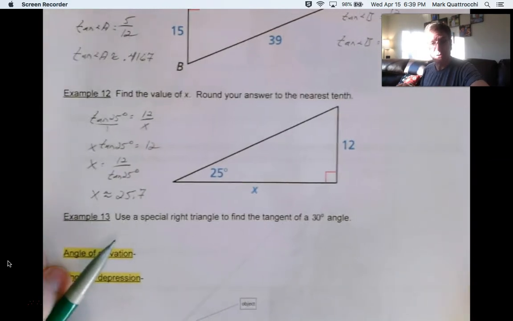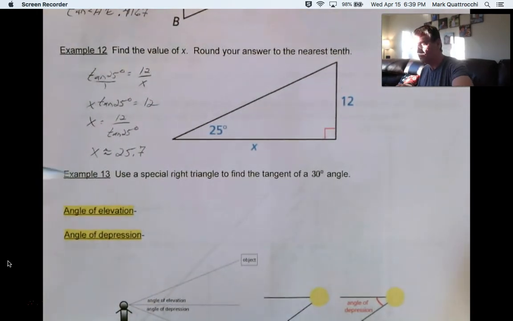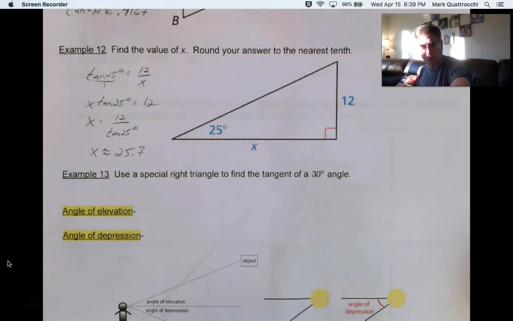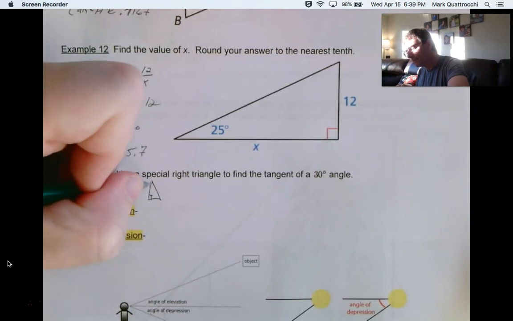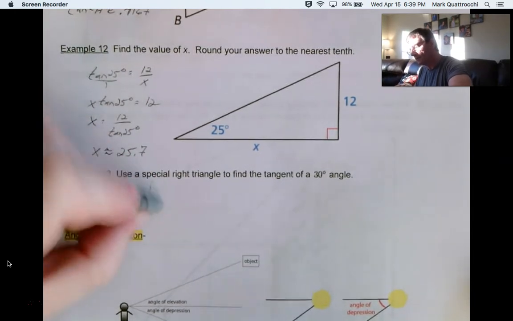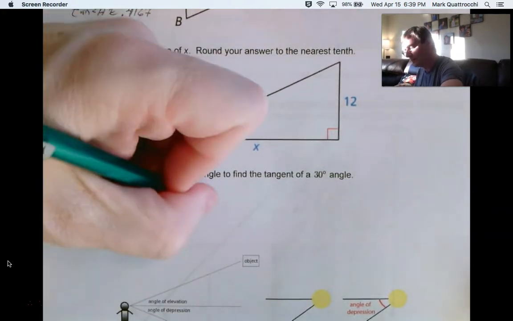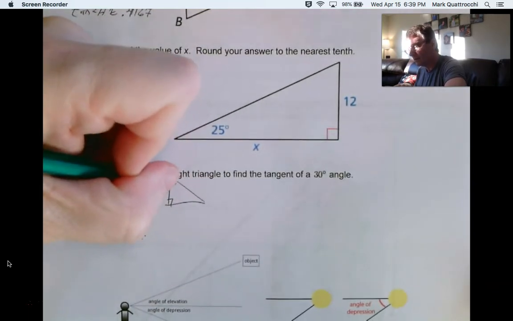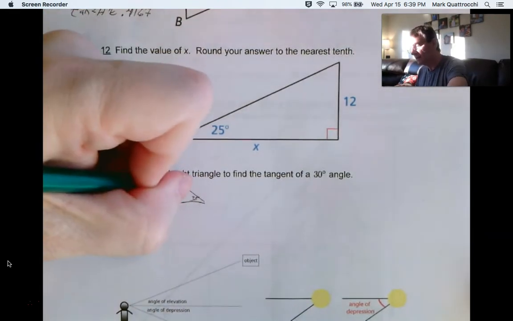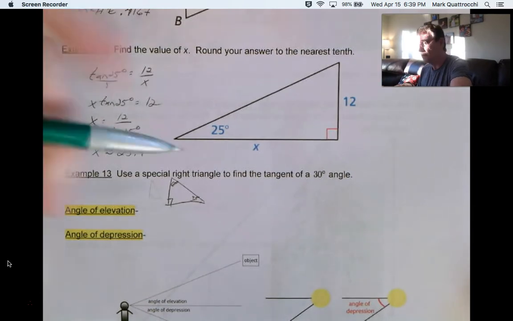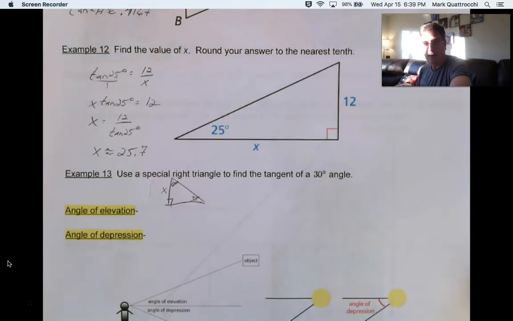13. We're going to use special right triangles to find the value of the tangent of a 30-degree angle. So what is a special right triangle that has a 30-degree angle in it? It's a 30, 60, 90, right? I'm going to make things a little easier: the opposite of the 30, which is the short leg, is x.